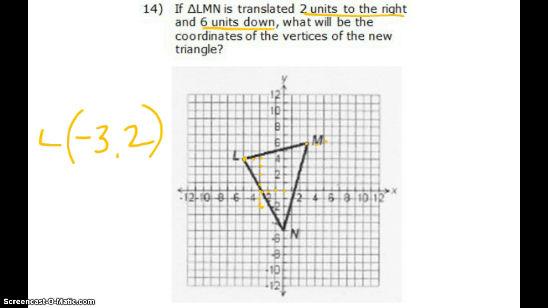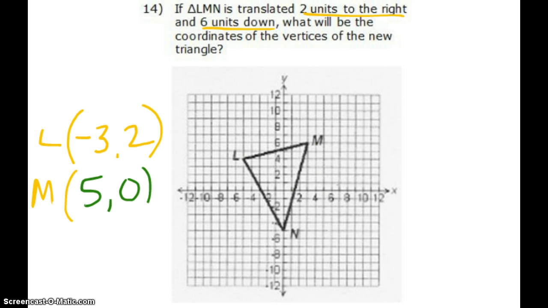And then 6 units down, 1, 2, 3, 4, 5, 6. Alright, so M. So if I name this point, I start at the origin. I've moved to the right 1, 2, 3, 4, 5 units. So 5 units to the right, 0 units up. So M is at 5, 0.